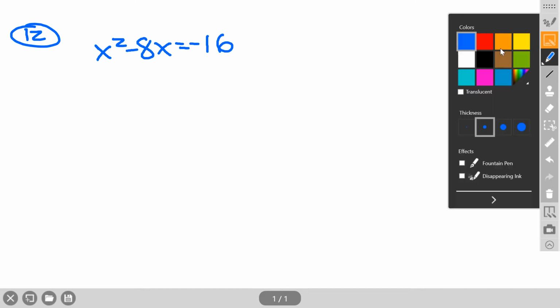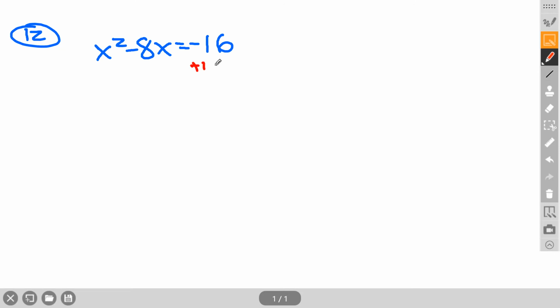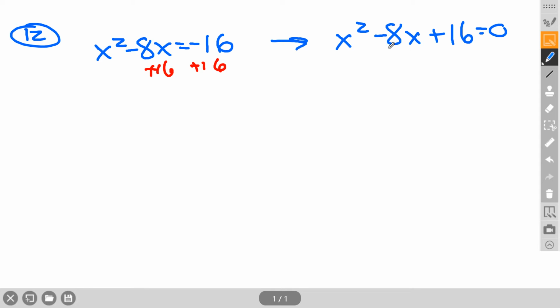Number 12, x squared minus 8x equals negative 16. Move the 16 to the other side. x squared minus 8x plus 16 equals 0. You should at this point recognize that this is a perfect square trinomial.